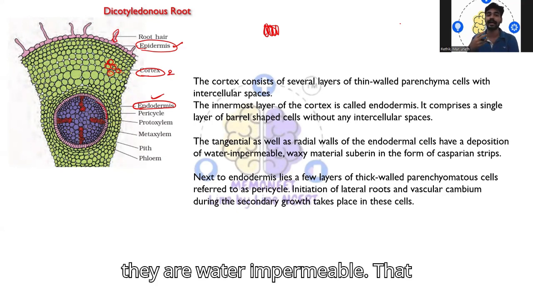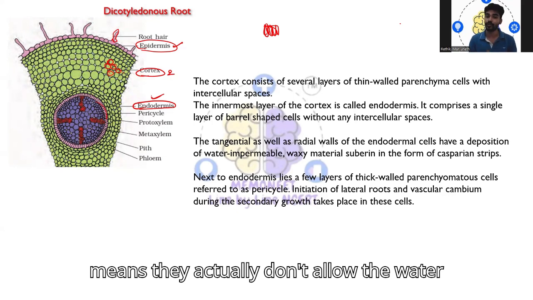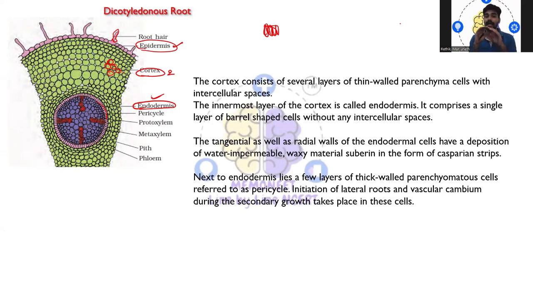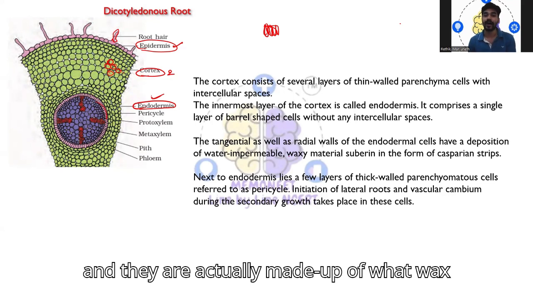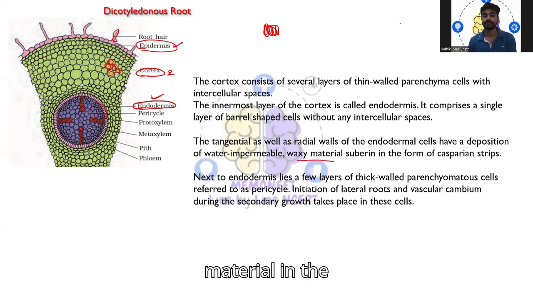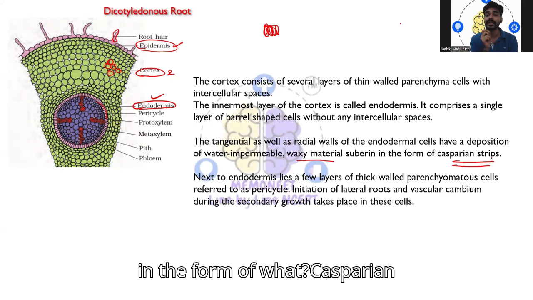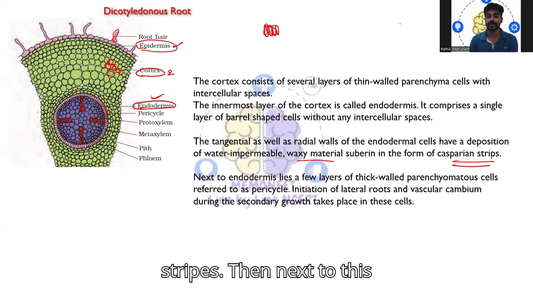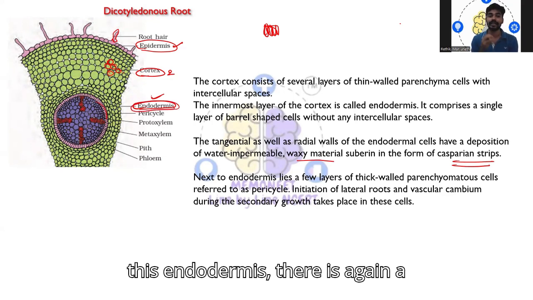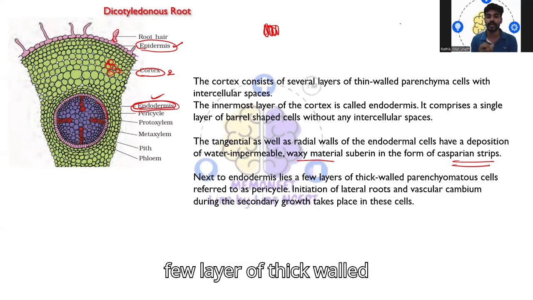They are water impermeable, which means they don't allow water. They are made up of a waxy material in the form of Casparian strips. Okay, in the form of what? Casparian strips.